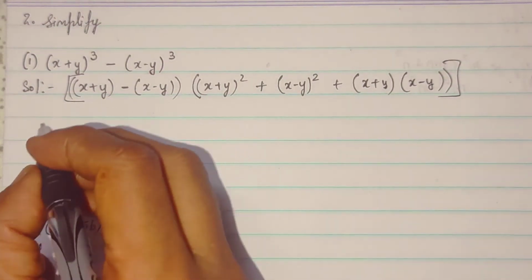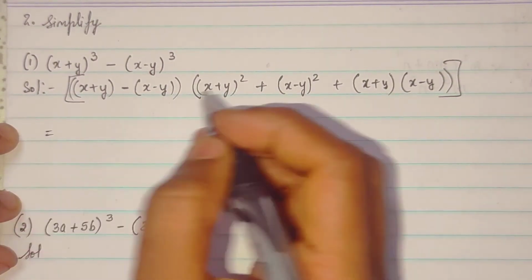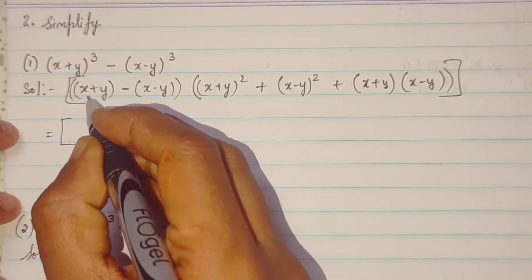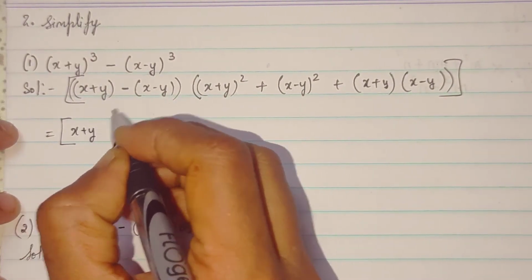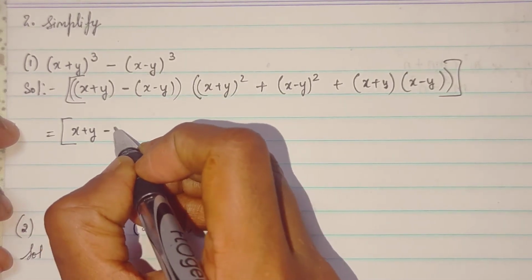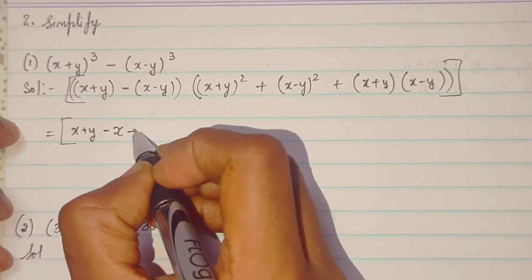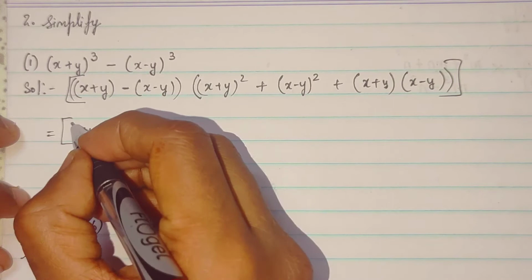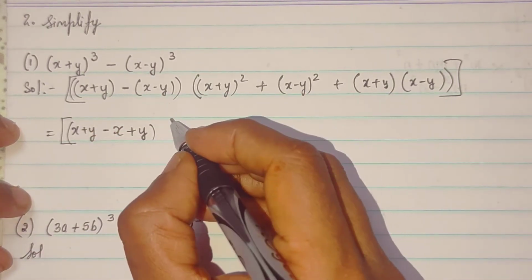So now further, we have to open all these brackets. So x plus y will be as it is. Here there is subtraction. So minus into plus, minus, minus into minus, plus. Now we will open this bracket.